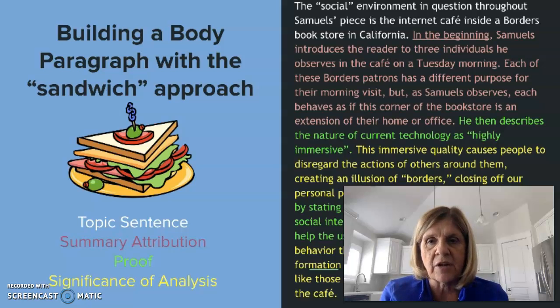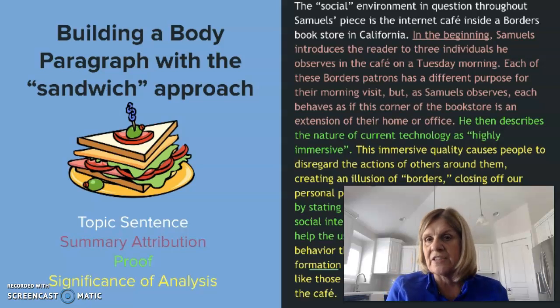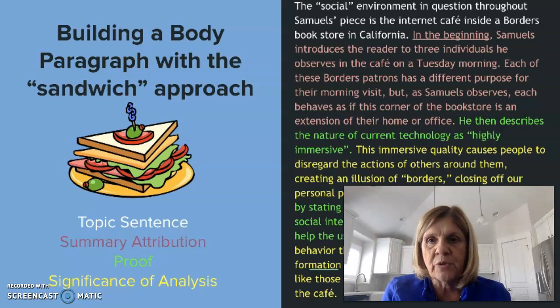Often those attributive phrases can be sentences. So you'll notice the sample one on this slide, there's actually 2 sentences that lead you into the evidence. Then, of course, you've got to pull things from the text, original text that you are analyzing. You can do that by paraphrasing or quoting, and that's called the proof.